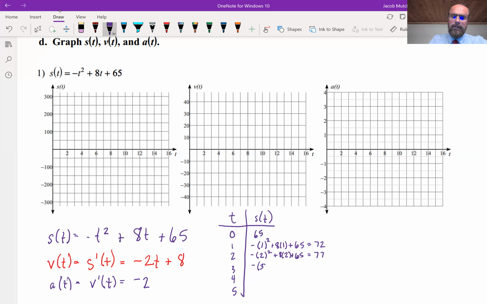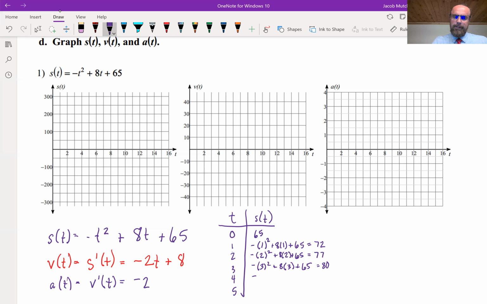Negative 3 squared plus 8 times 3 plus 65 is negative 9 plus 24 plus 65. And that's going to be 15 plus 65, which will be 80.